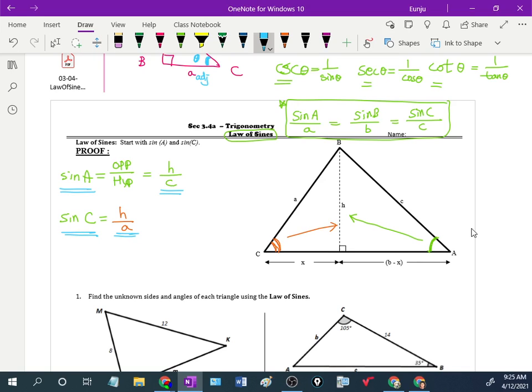Do we see anything common? Yes, h and h are the same. Can I do cross multiplication?